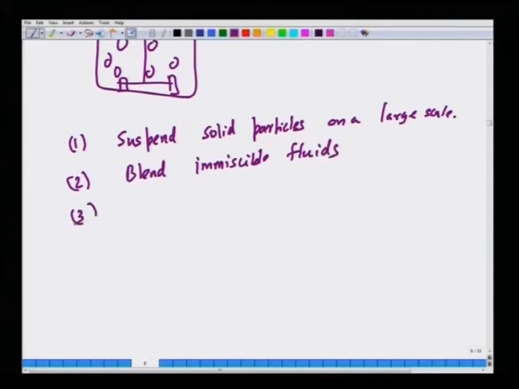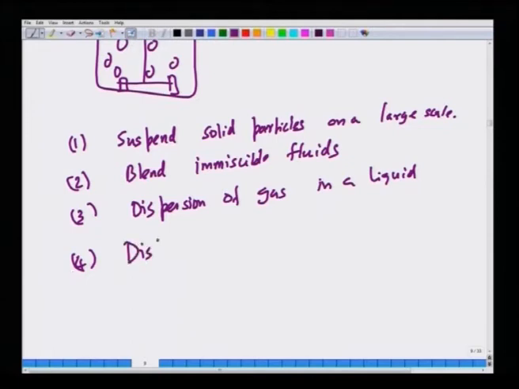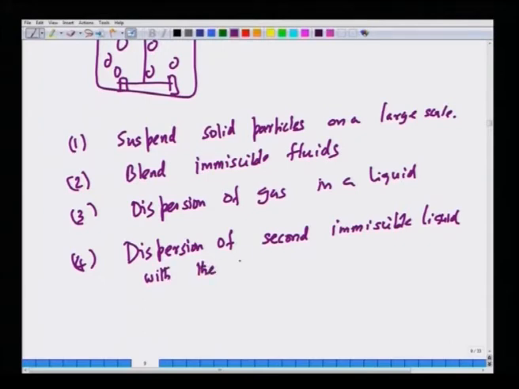And thirdly, we may want to disperse a gas through a liquid, like I just discussed, dispersion of gas in a liquid, and or dispersion of a second immiscible liquid in another liquid with the first in the form of drops.